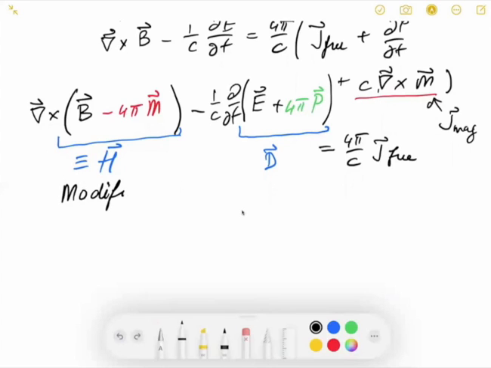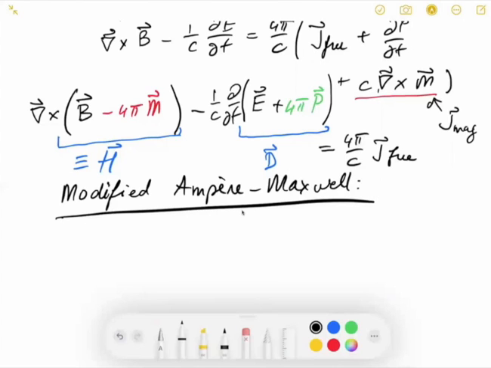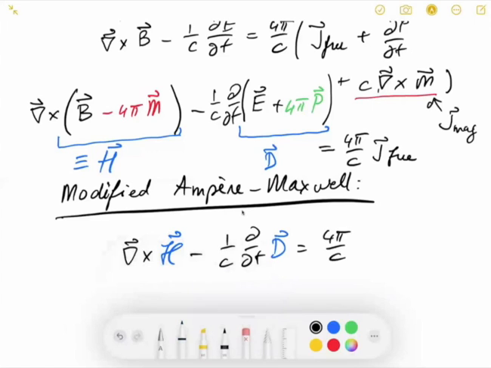But now we have a modified Ampere-Maxwell law that says that the curl of that new field H minus 1 over C d dt of that field D is equal to our original 4 pi over C J, but now we should specify that this is J free.